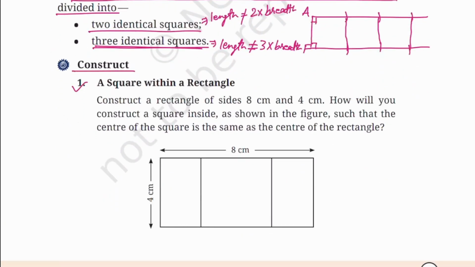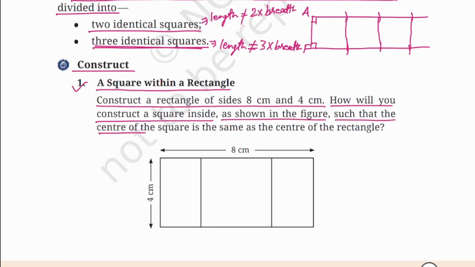Construct 1. A square within a rectangle. Construct a rectangle of sides 8 cm and 4 cm. How will you construct a square inside as shown in the figure, such that the center of the square is the same as the center of the rectangle?